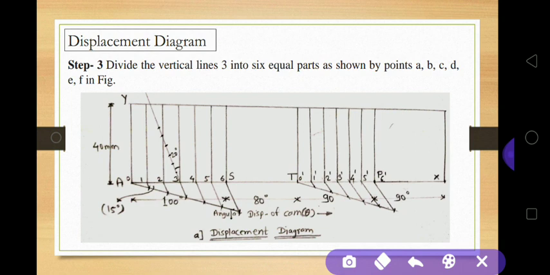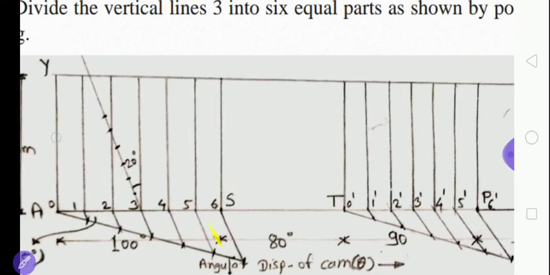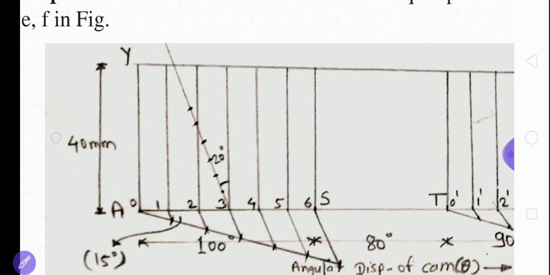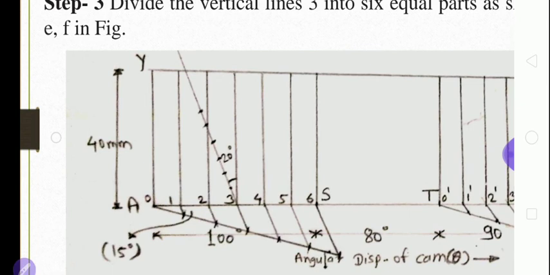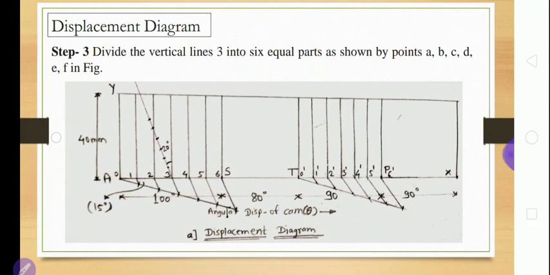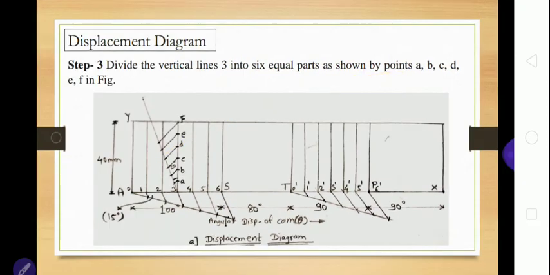On that line, mark the 6 points. Now these 6 points you can mark 1 centimeter apart from each other or 0.5 centimeter apart from each other also. And then join this 6th line to F point and draw the parallel lines to this line up to the end.